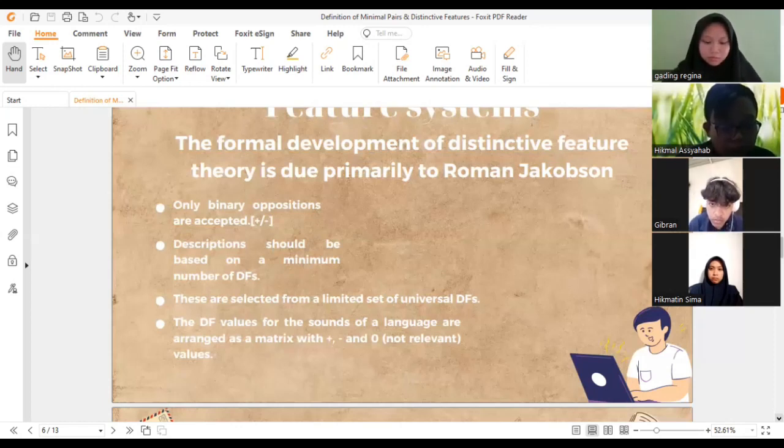Next point, a feature that is distinctive in one language might be non-distinctive in another language.